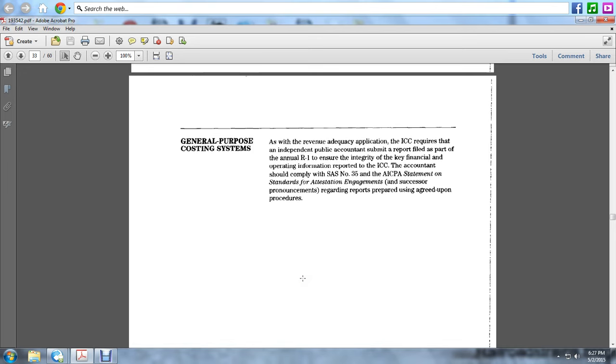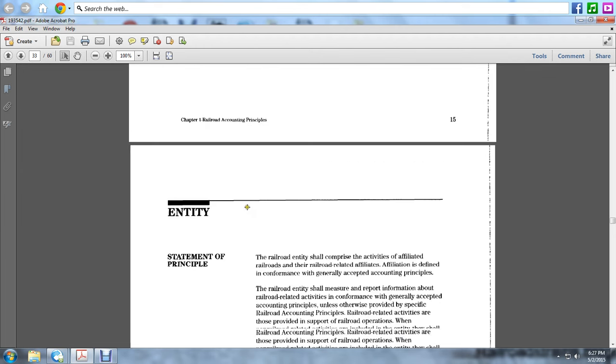The accountant should comply with SAS number 35 and the AICPA statement of standards for attestation engagements, and the successor pronouncements regarding reports prepared using agreed upon procedures.